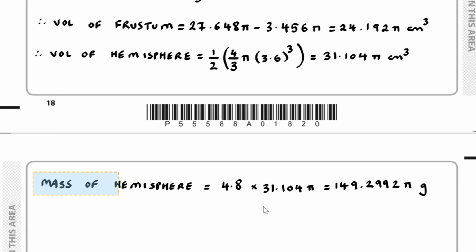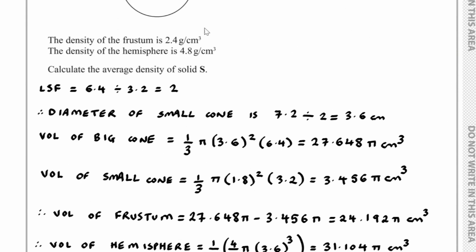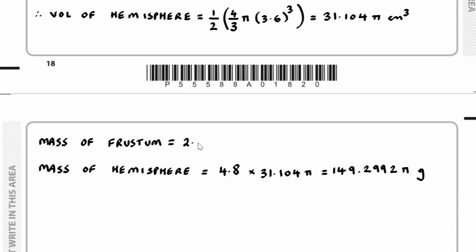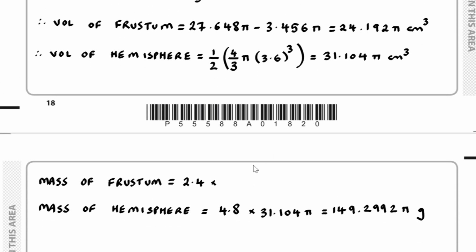And we can also find out the mass of the frustum. The mass of the frustum, I've got the density 2.4 grams per centimeter cubed, and I've got the volume, which is 24.192 pi.